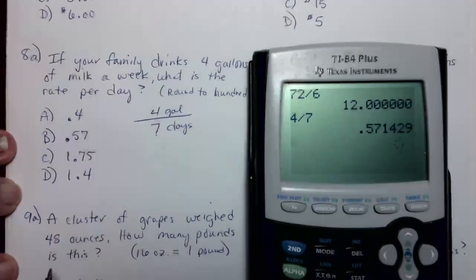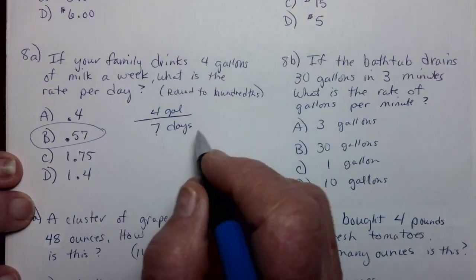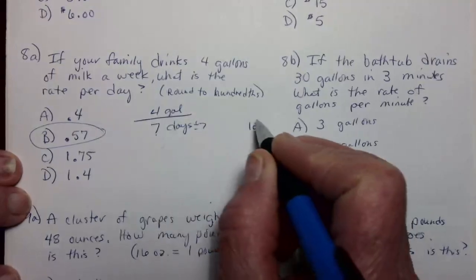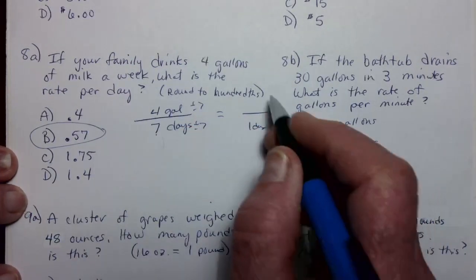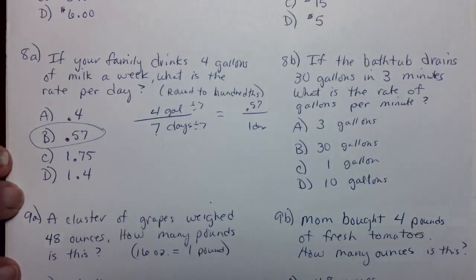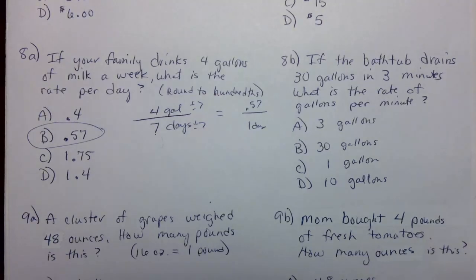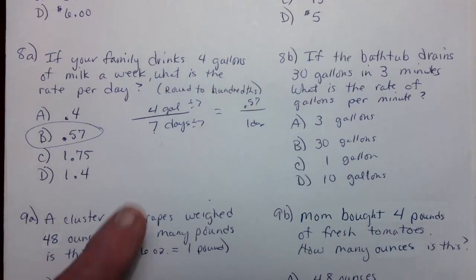Which choice are you going to pick? B. Now, I think in the book it showed you we want to turn this into 1 day down here. So divide by 7, divide by 7, and that's going to get you 1, and that's going to get you 0.57 up there like that. Okay? When we first started doing unit rates, we did it this way.